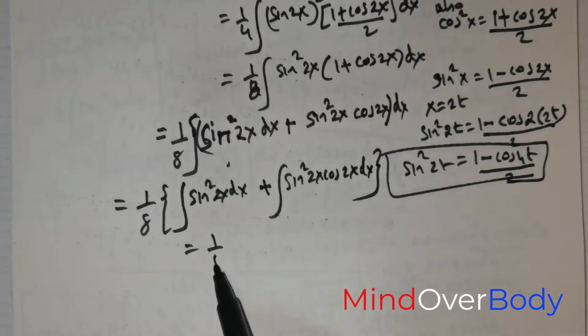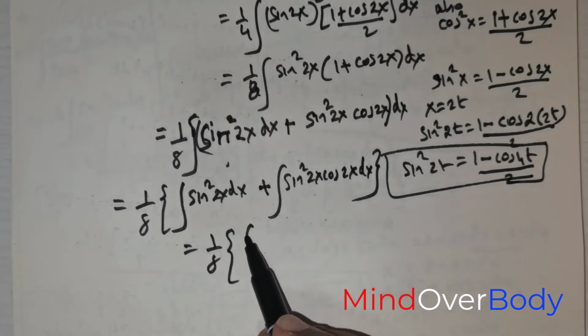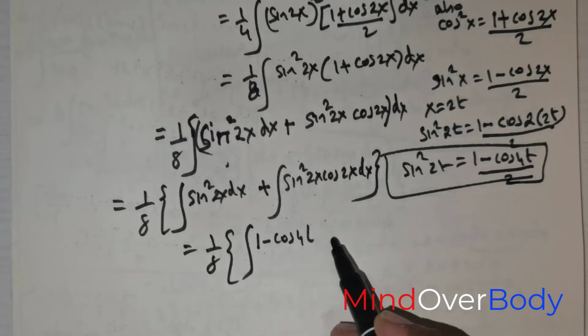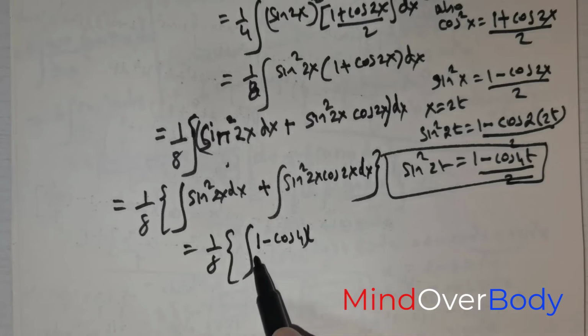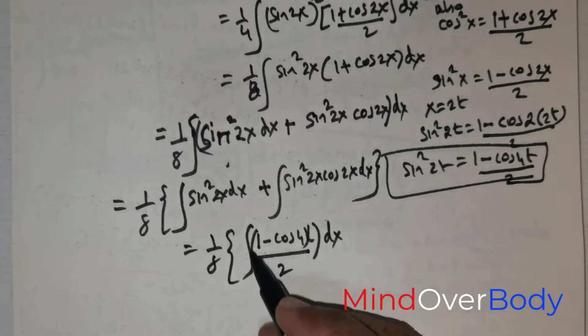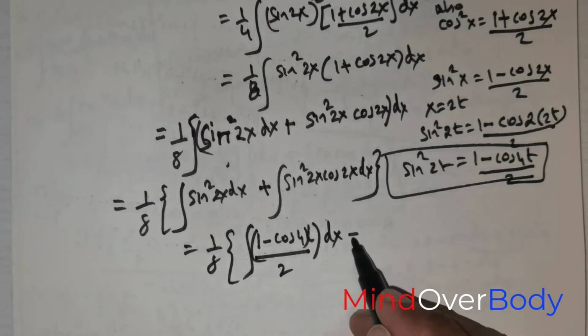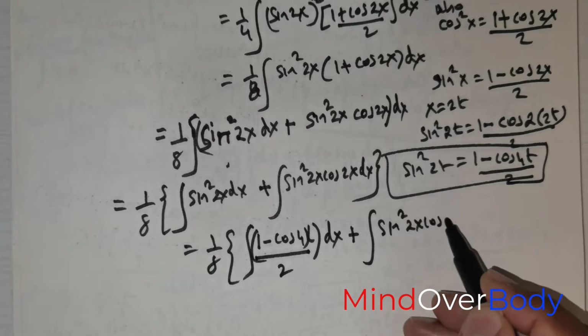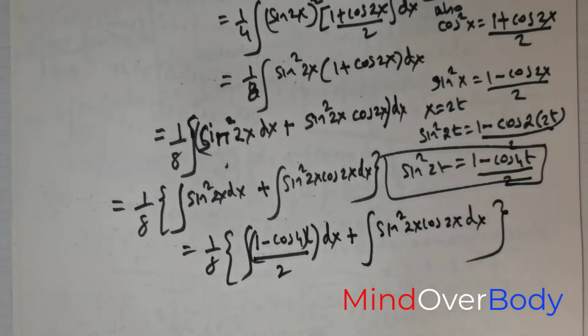So this is going to be 1 over 8 times integral 1 negative cos 4x divided by 2 times dx, positive integral sine squared 2x times cos 2x times dx.